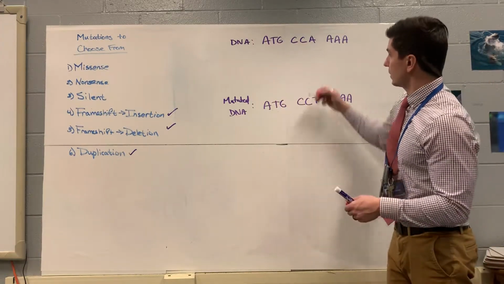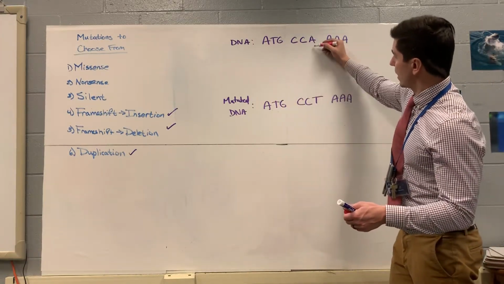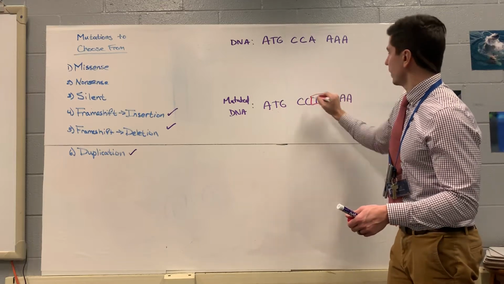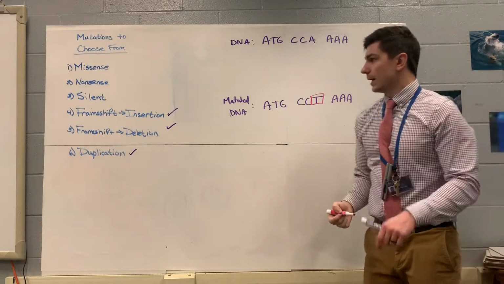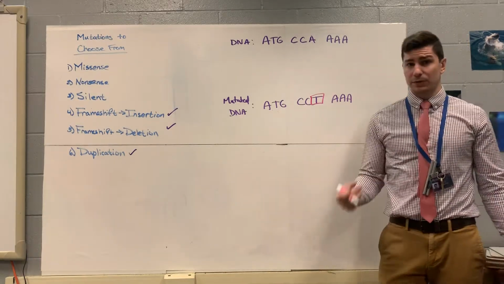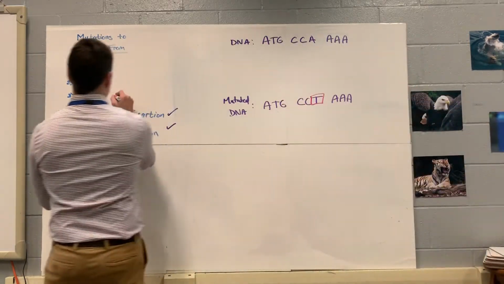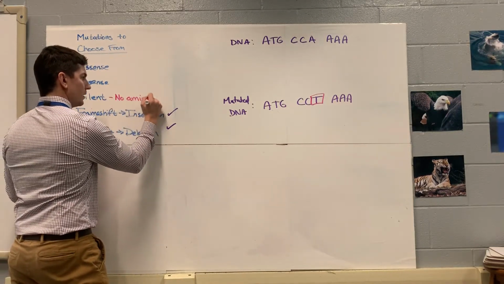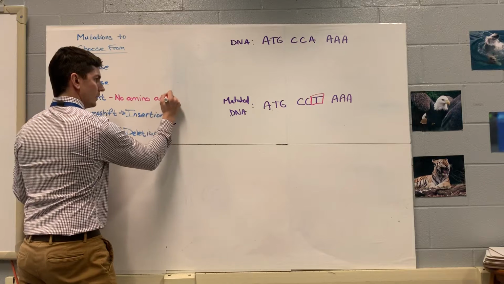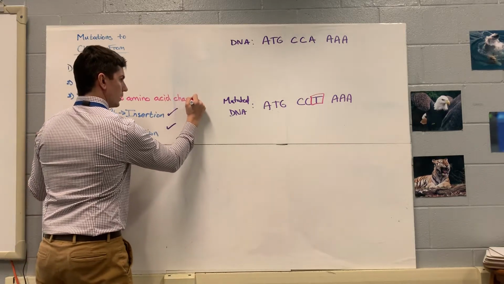ATG, that's all the same. C, okay, there's where something went wrong right there. And lastly, AAA, okay, that's all good. What happens for a silent mutation, guys? A silent mutation is we're going to have no amino acid change.